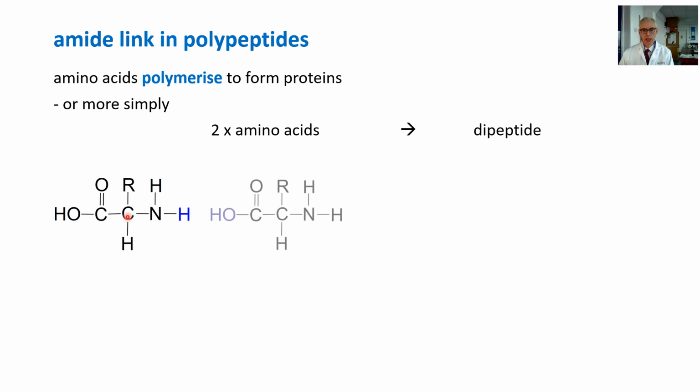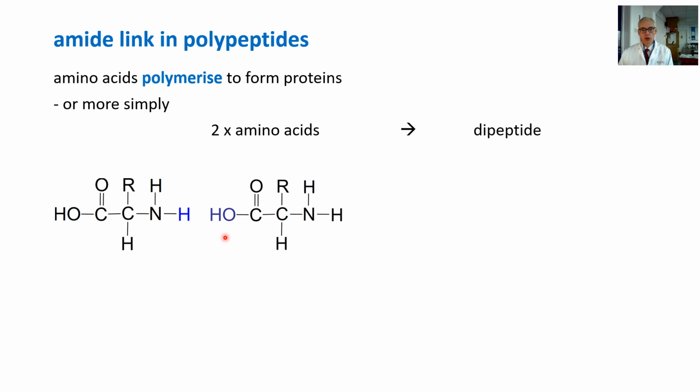Now if I pair that with another amino acid, you can see why I have set it out as it is, because it brings into proximity in my diagram the hydrogen from an amine and the hydroxyl group from the carboxyl part of the amino acid.